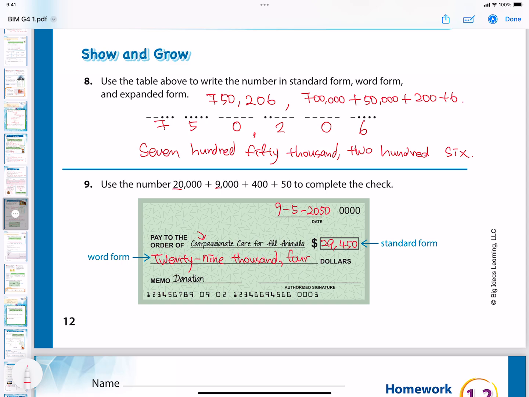I don't have enough space. I'm going to use this here. Okay. And then you need to put your signature. Okay, that's how you use this check.